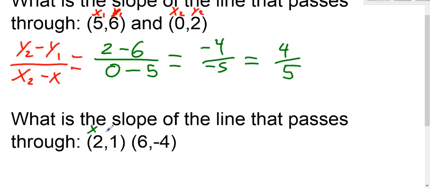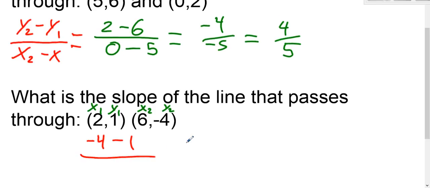We'll call this x1, y1, x2, y2, and plug it into the slope formula. y2, which is -4, minus y1, 1, over x2, 6, minus x1, 2. And we get -5 over 4.